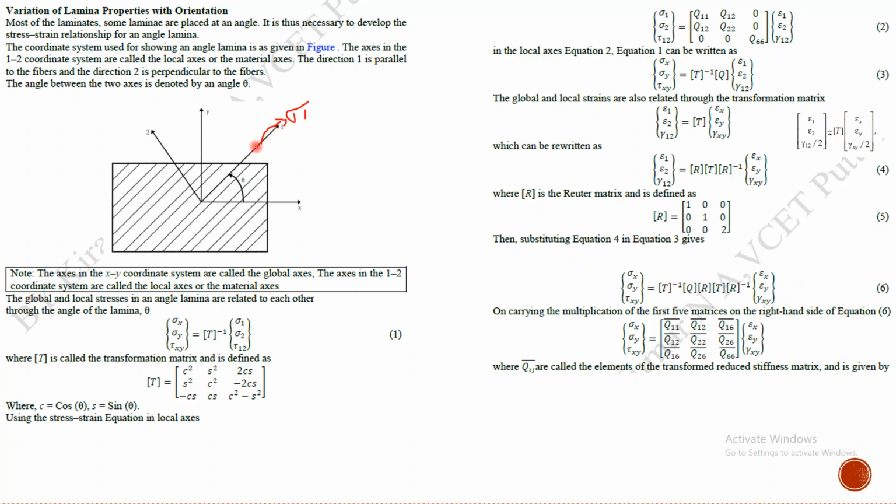So if you want to find the stresses in the x direction, we are going to resolve this vector in these two directions, isn't it? We call that sigma x, and the other one sigma y. This is for sigma 1.